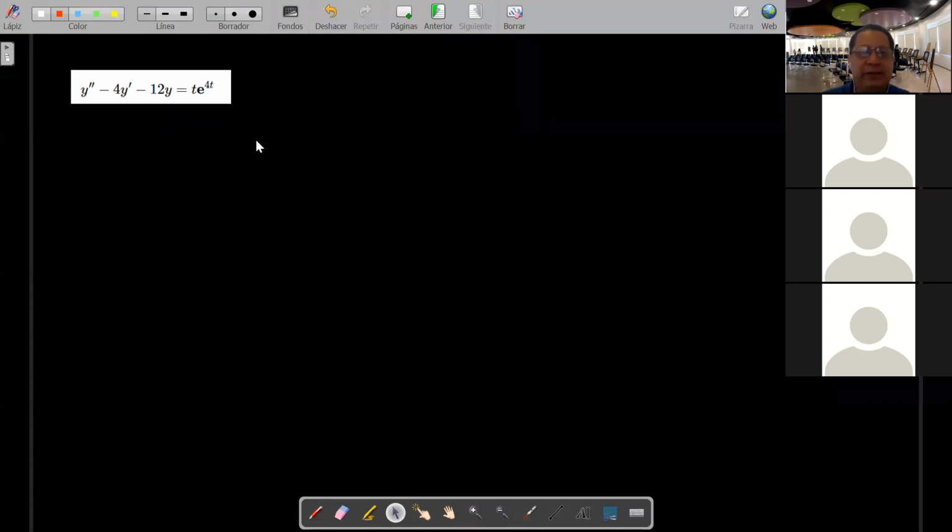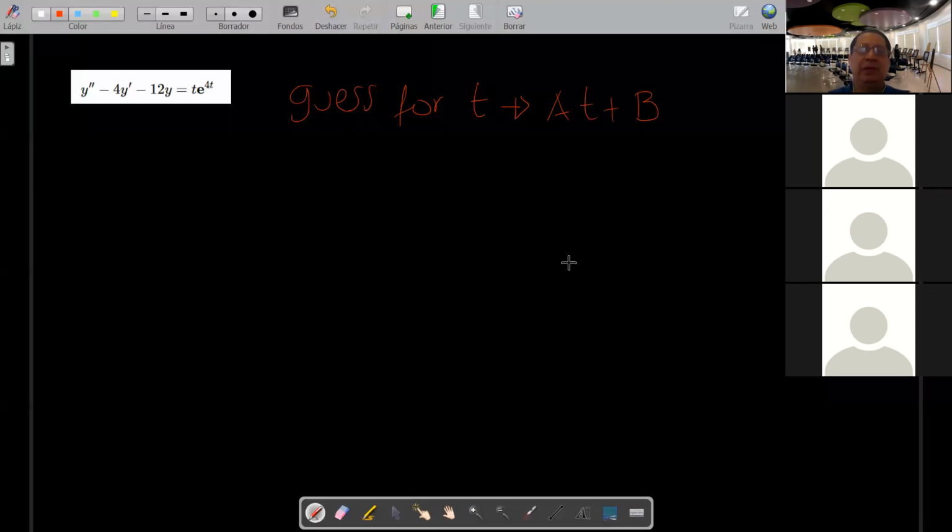So what is the guess solution? Well, first, let's think about the guess for the polynomial. So the guess for the t part will be a first order polynomial. So this is our guess. This will be our guess for the t part.